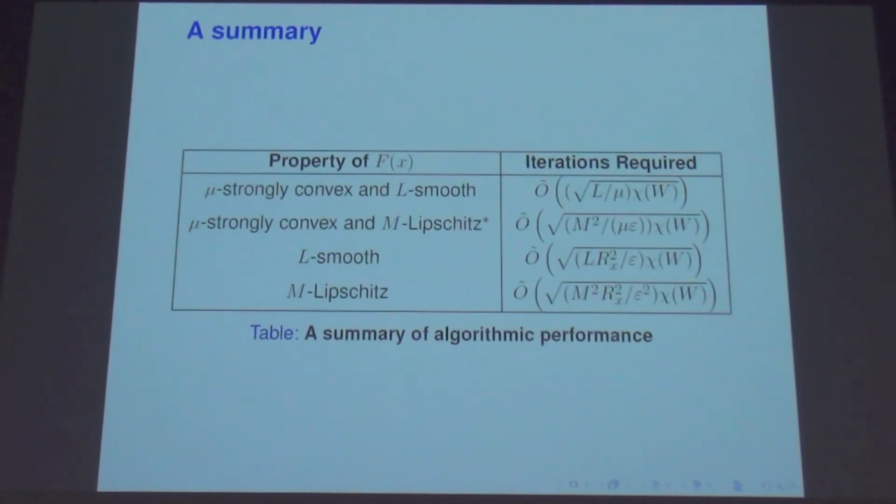This is the important table here, which is for the 4 classes of functions that we explore. We obtain the number of iterations that you require, the number of communication rounds, which is exactly the centralized bound times the square root of the condition number of the graph Laplacian. This is the main result.